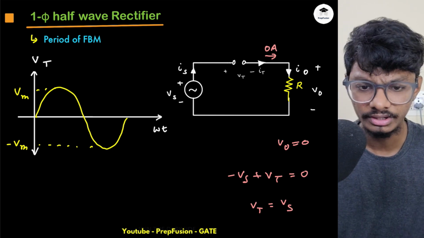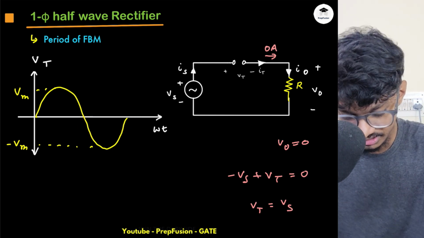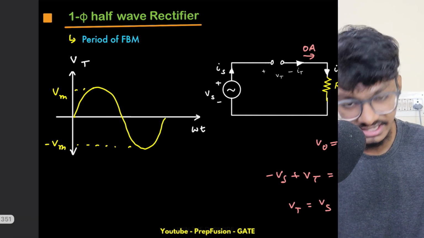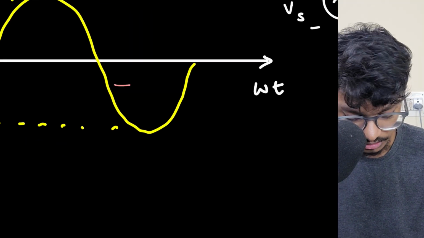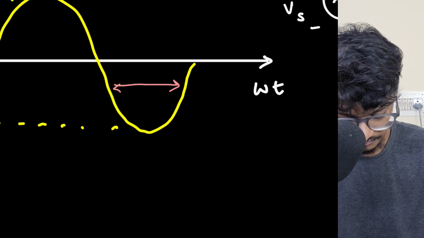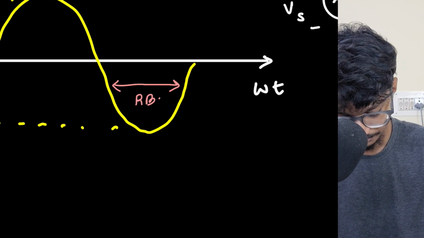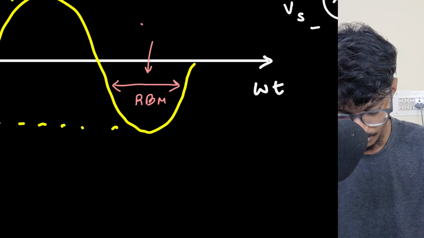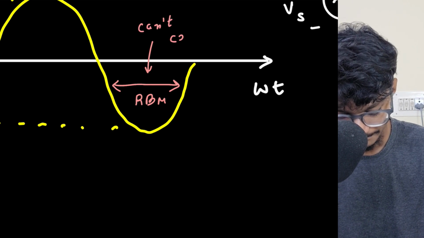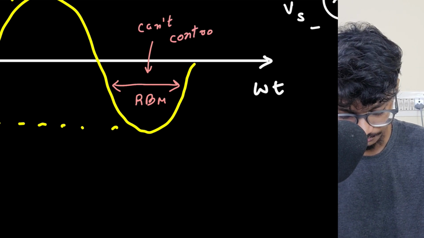This is just a rough drawing. Now in this region, what is this? This is the reverse blocking mode because the SCR voltage is negative. So I can never control in this region. Reverse blocking mode. I can never control in this region.